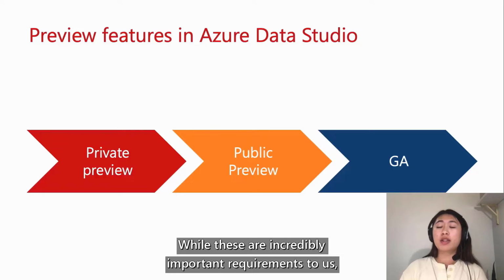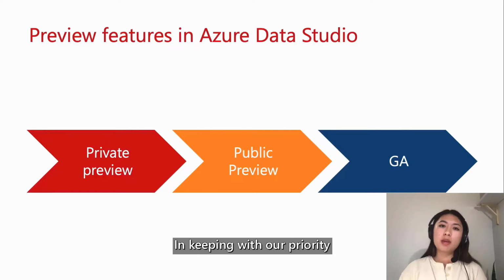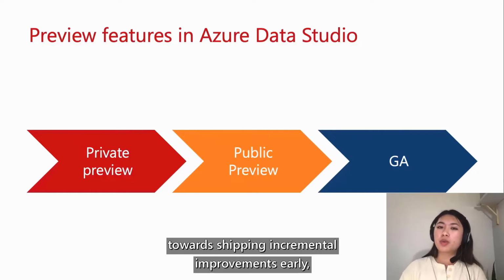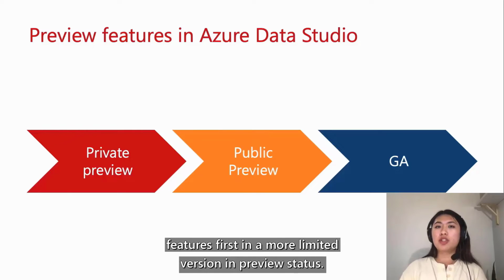While these are incredibly important requirements to us, they can also be pretty time consuming. So, in keeping with our priority towards shipping incremental improvements early, quickly, and often, we'll typically release features first in a more limited version in preview status.